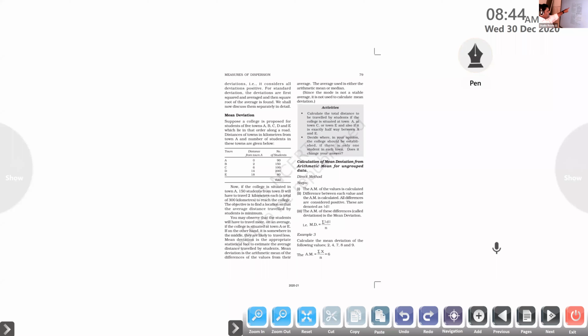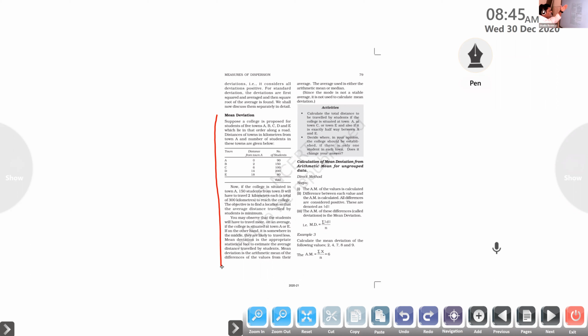So first of all, we are moving to the mean deviation. Suppose a college is proposed to be constructed for the students from 5 different towns, Town A, B, C, D, and E, which lie in that order along the road.